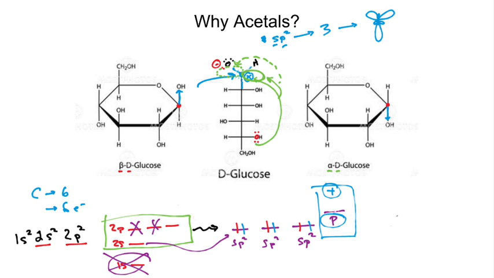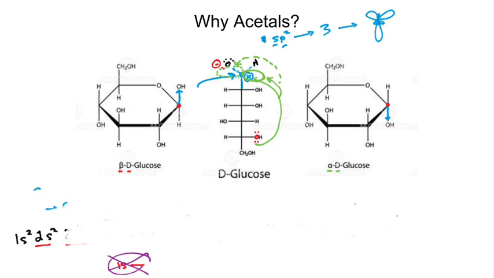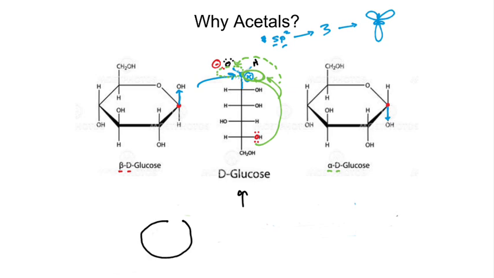Why does it do it that way? Well, if we look at a slightly different form, there's for sure a better image of this, and if you go all the way back to the model lecture, because we can take this Fisher projection, and eventually what you can see is that it cyclizes kind of around like this. It forms a corkscrew. And if that corkscrew overlaps where this is on top, we get one result.